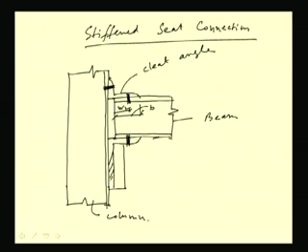Say this is called packing, this gap, and this is the stiffener angle. This is the new thing we have to make, the stiffener angle, and we have to now design it.